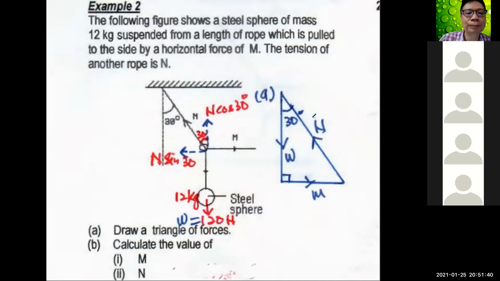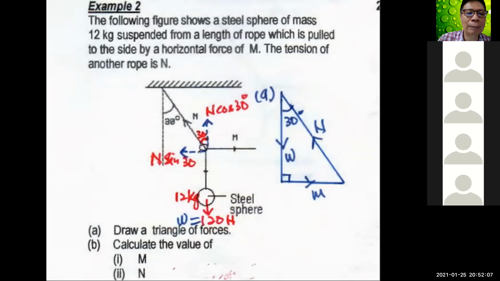I draw like this. W I put here, 120 N, then followed by M in that direction, then the tension. You see, I never change the direction, I just join up the three. So it is correct: the three forces can be joined up to form a triangle in one direction.